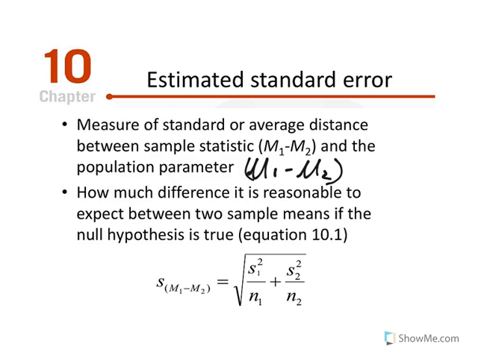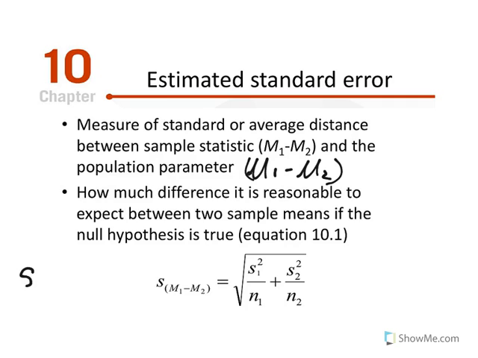And one way to compute the estimated standard error of the mean difference is shown here. And I will caution you that this is not the equation that we will be using, but this is a good starting point given what we learned in Chapter 9. And I'll explain more as to why we will not use this equation on a regular basis in this chapter. Remember that I said in Chapter 9, again, it was a single sample t-test. One sample was being compared, and now we have two. And I said you can think of this chapter as a way of doubling everything.